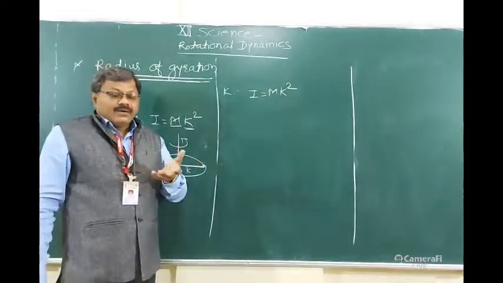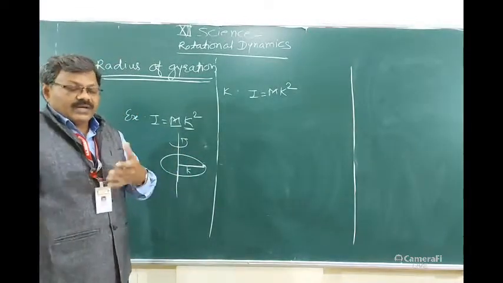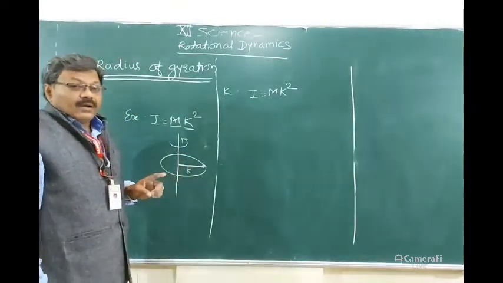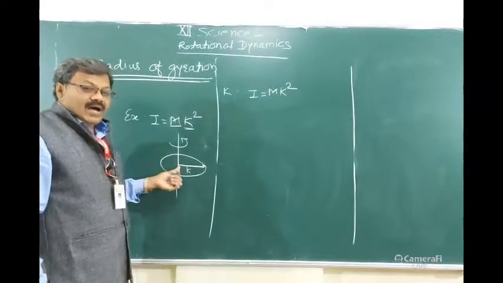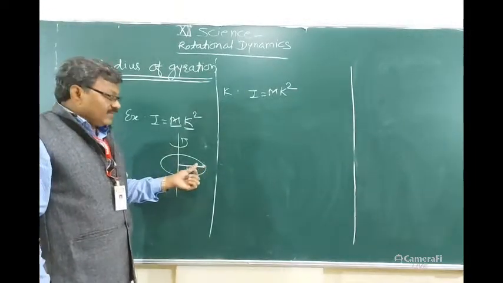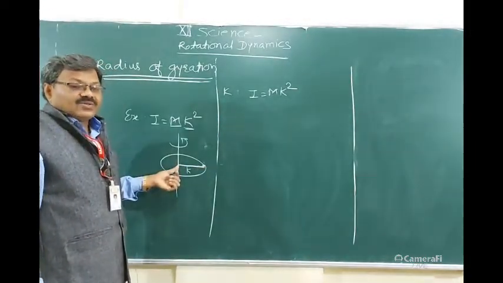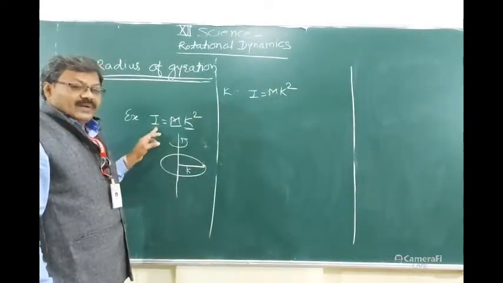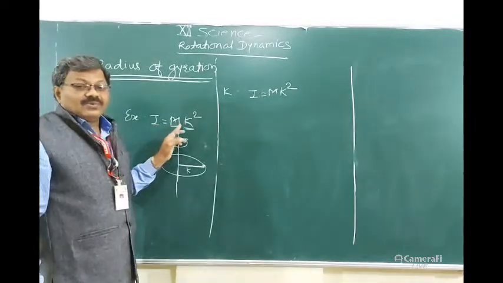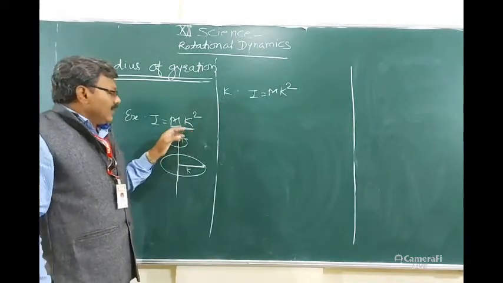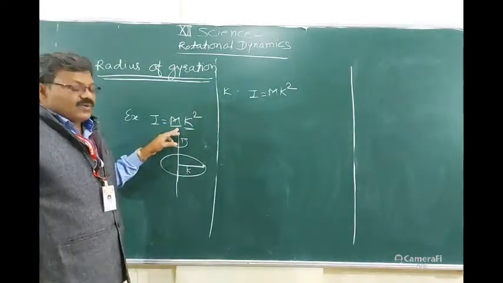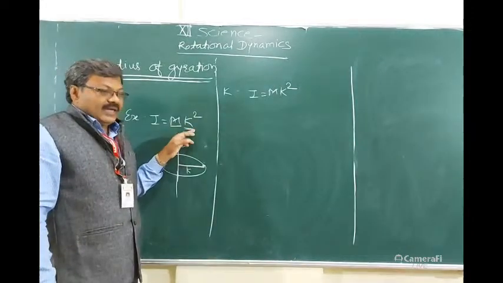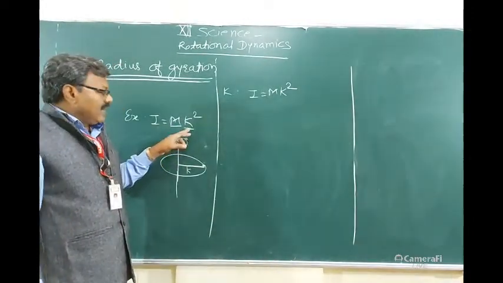Now, if we are interested in knowing only the distribution of mass of the object about the axis of rotation, we can represent the moment of inertia as I equals mk squared. In this, m is the mass of the body, while k is the radius of gyration.